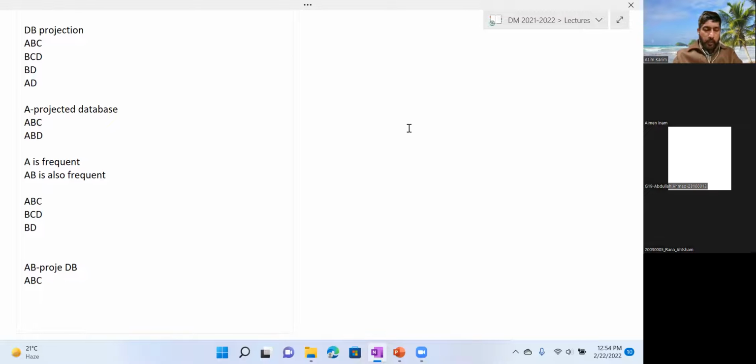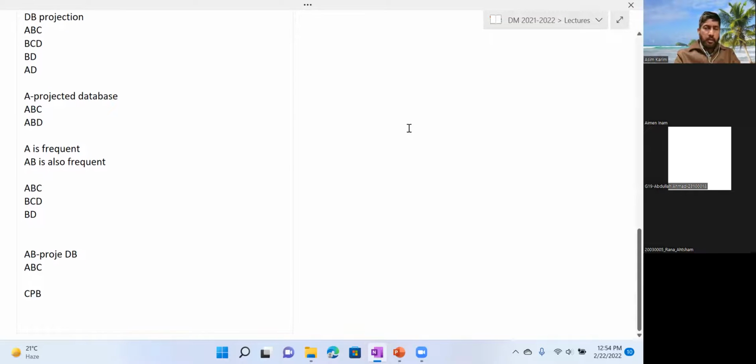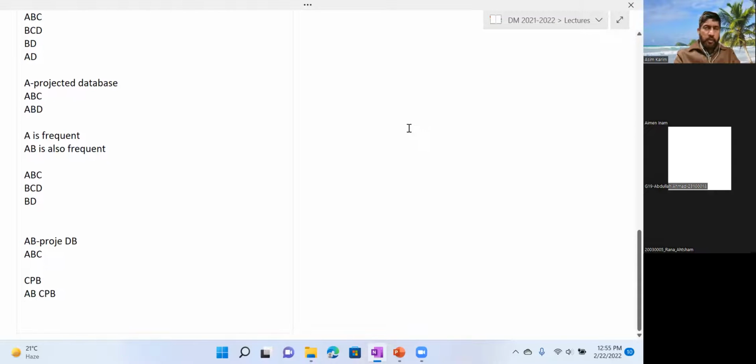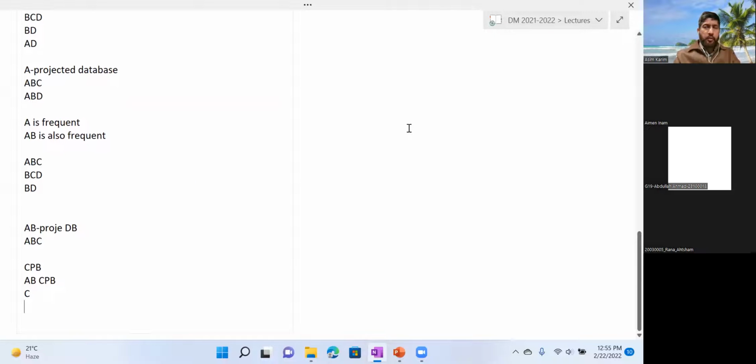So this idea of projected database is, I think, clear. It uses the same idea in FP growth, but with a slightly different notation. It calls it the conditional pattern base. So instead of writing AB, the AB conditional pattern base would simply be C, because we know for sure that each transaction will also have AB.